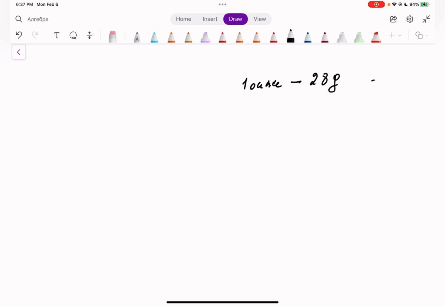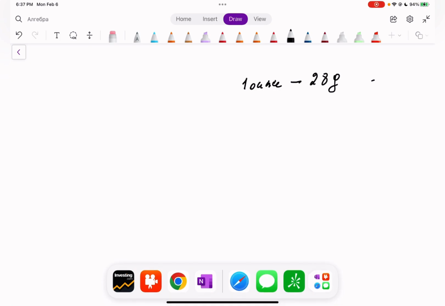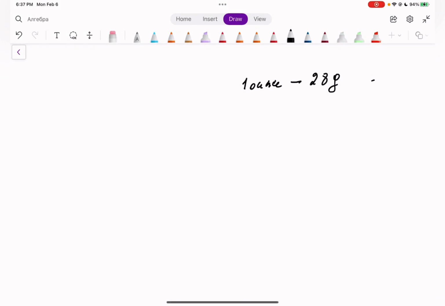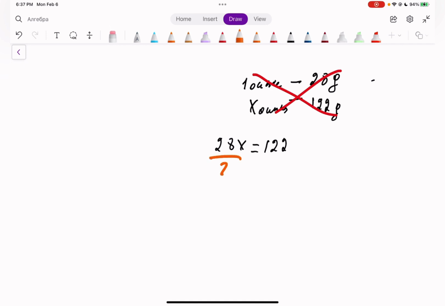But you have 122 grams, and we don't know how many ounces, x ounces, right? So we're going to do cross multiplication, which means 28x is equal to 122. And from here I'll solve for x, dividing by 28 on both sides.